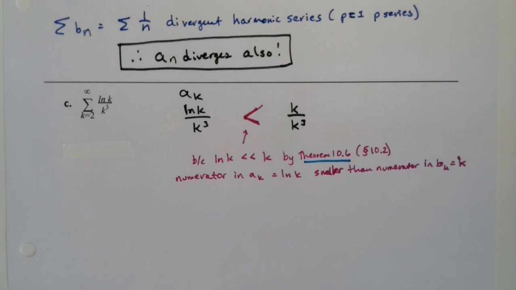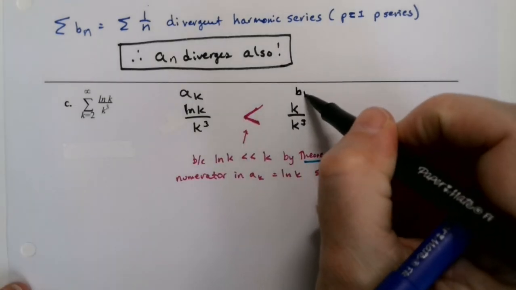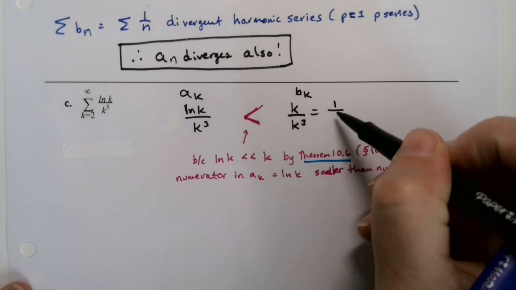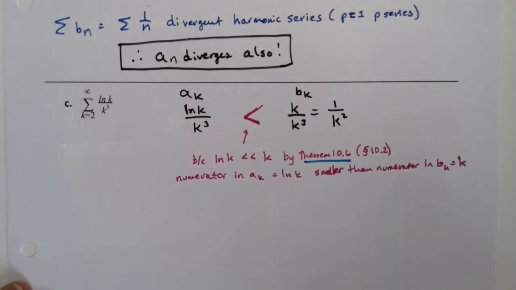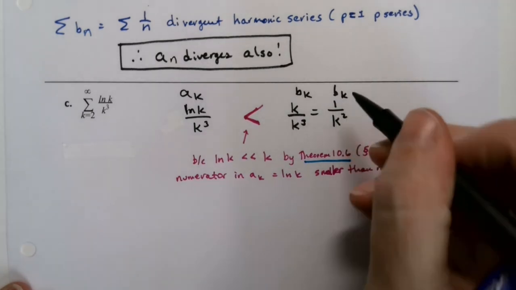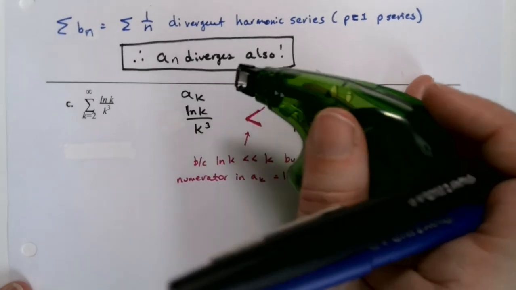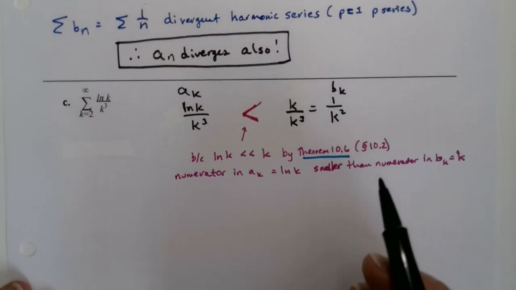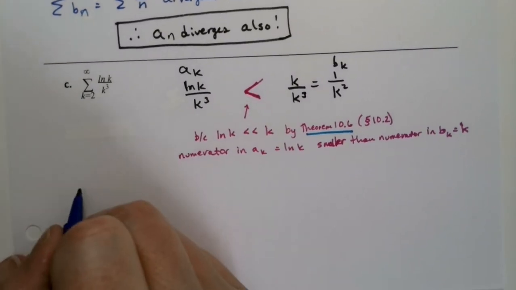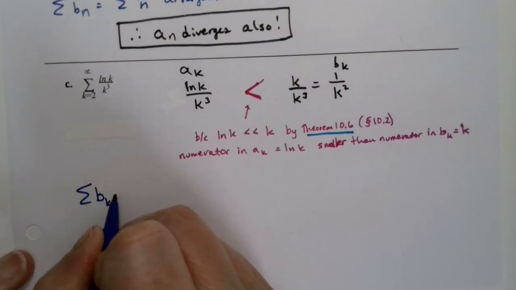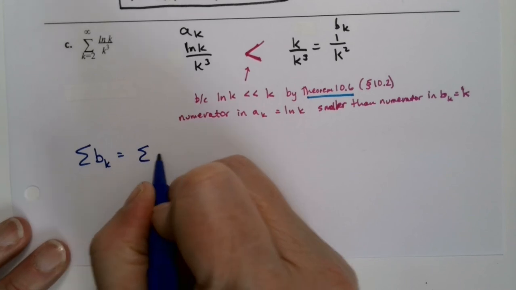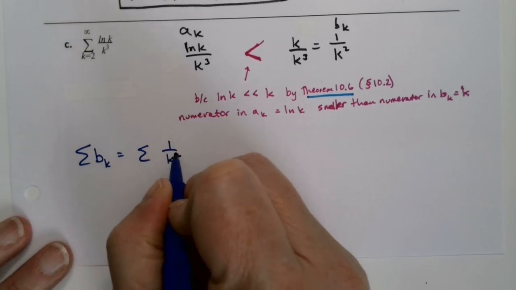All right, so now looking at our new series, b sub k. So if this is b sub k, but that's really 1 over k squared, is it not? I guess that's really b sub k. Technically it's both of them, but why would I write one that's not reduced? Really. All right, so then let's look at the series b sub k. The series b sub k is the series 1 over k squared.